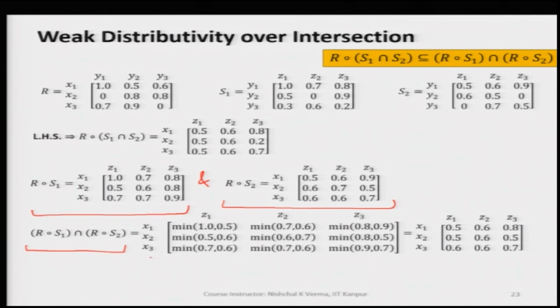This can be found by taking the min of the respective membership values from both the fuzzy relation sets R o S1 and R o S2, and the final outcome is here, and this is nothing but the RHS, which is the intersection of both the fuzzy relation sets.